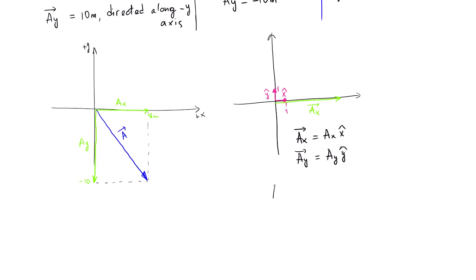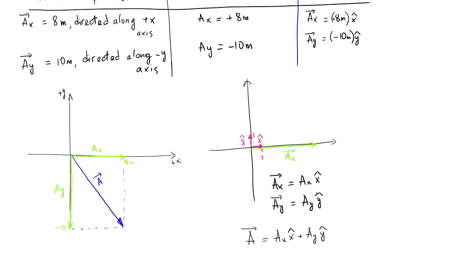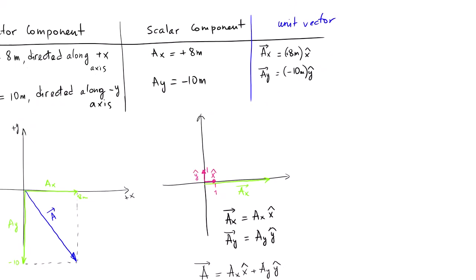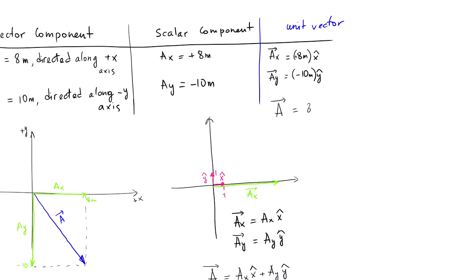Then I can write vector A equals ax x hat plus ay y hat. For our example right here, I could write vector A equals 8 meters x hat minus 10 meters y hat. That would be the vector representation in unit vector form.